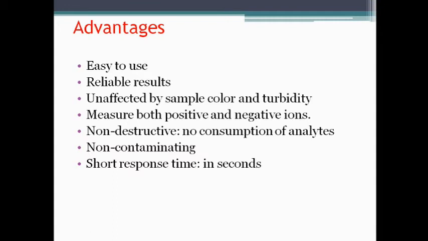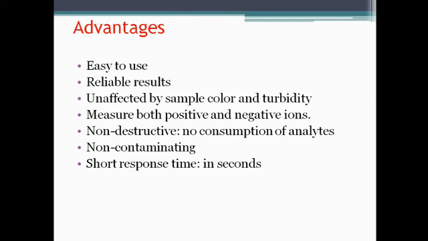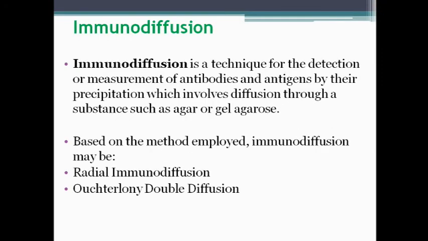These analyzers measure both positive and negative ions, but with the flame photometer we can measure only positive ions. They are non-contaminating, and the results are available in seconds. So this is all about the ion selective electrode method.